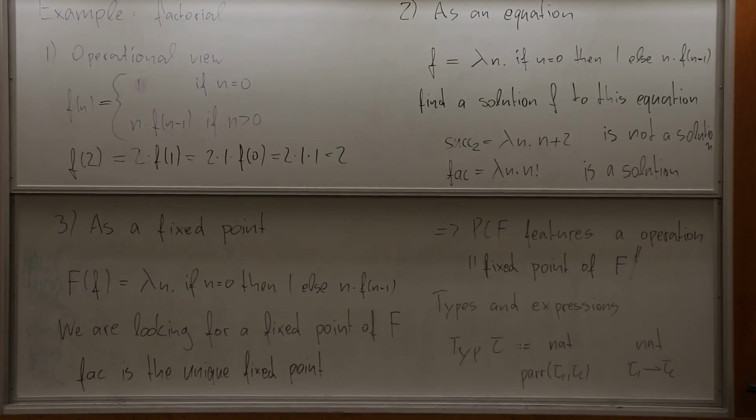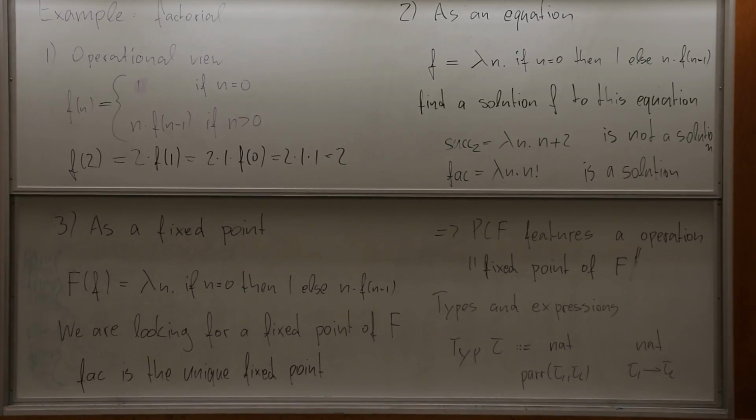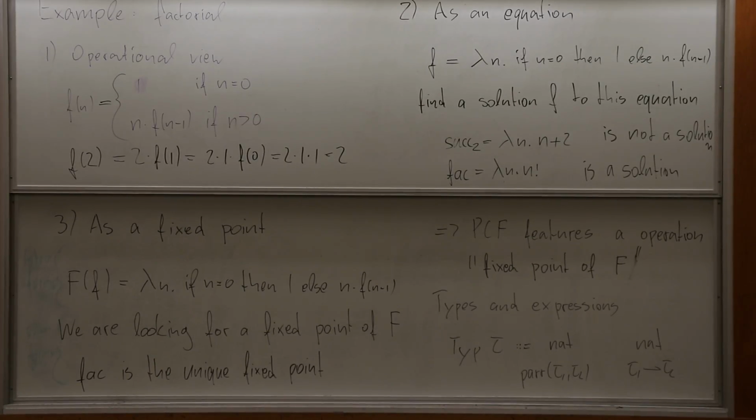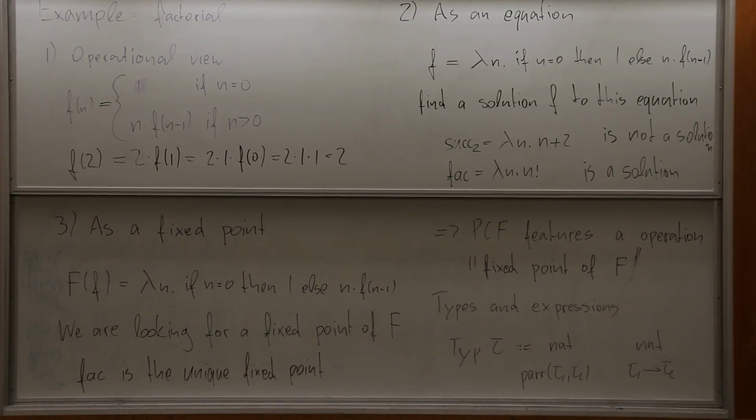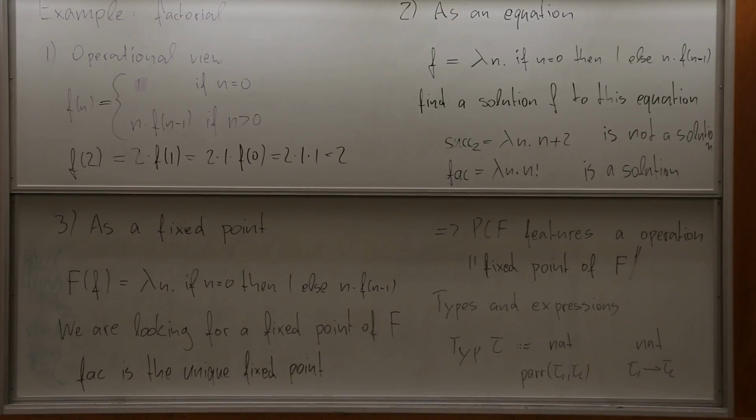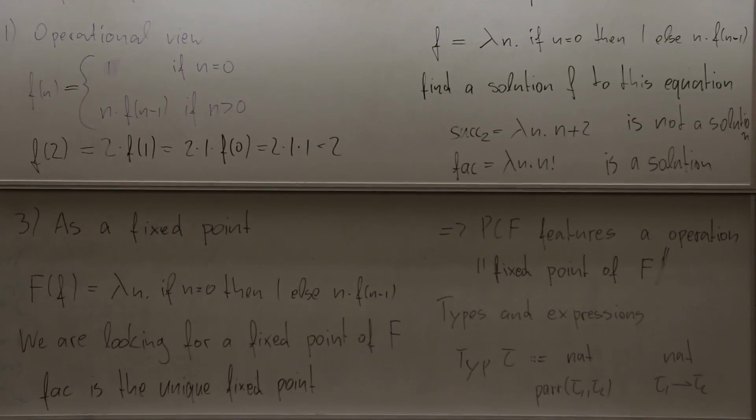So now the expressions. So what do we have? We have variables, and we have natural numbers that you've just seen in the last lecture with zero and successor. Then we have the conditional, like this. Conditional for the natural numbers, which has the zero test built in.